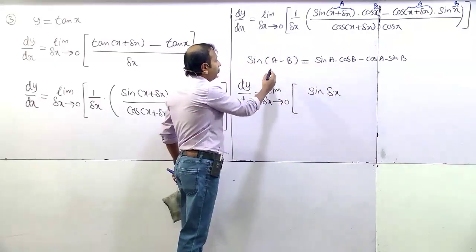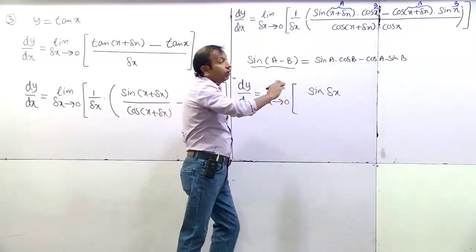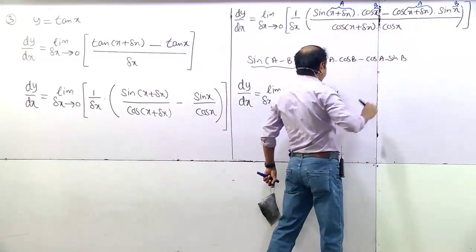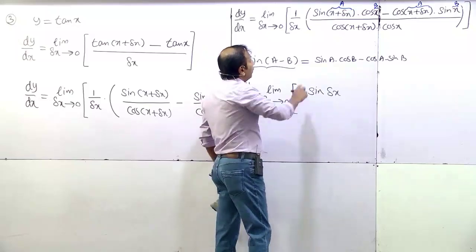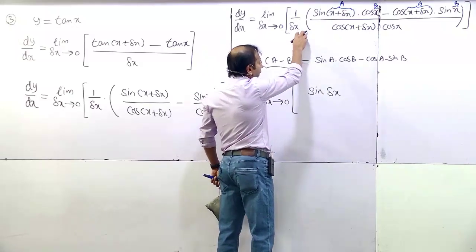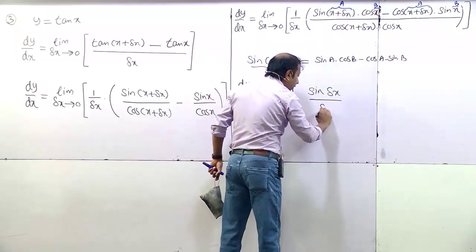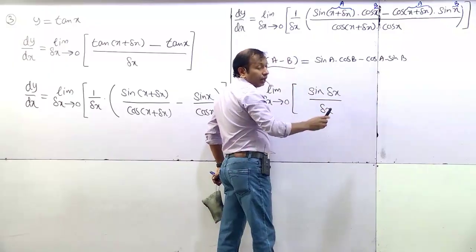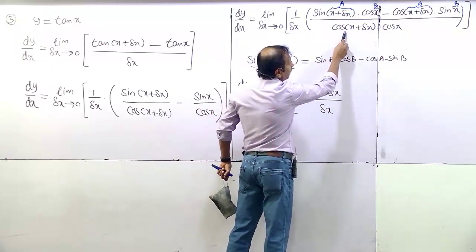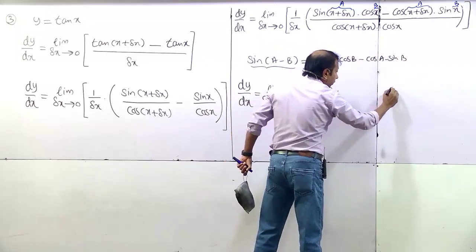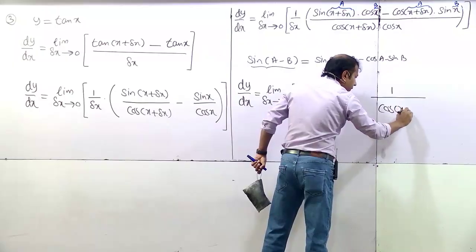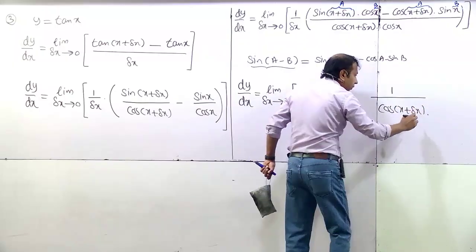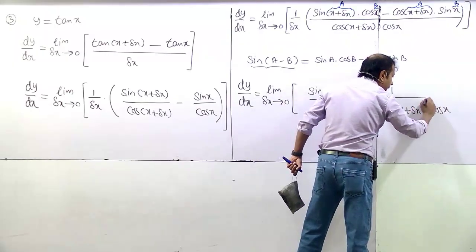That means this way I wrote this numerator. Now here we have delta x, by this delta x we have to divide. Then I divide this by delta x, and this denominator cos of x plus delta x into cos x I write separately like this. This way I can write it.